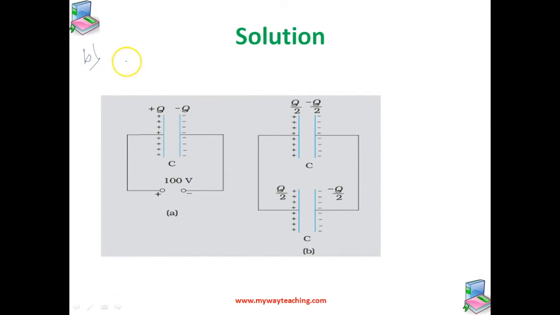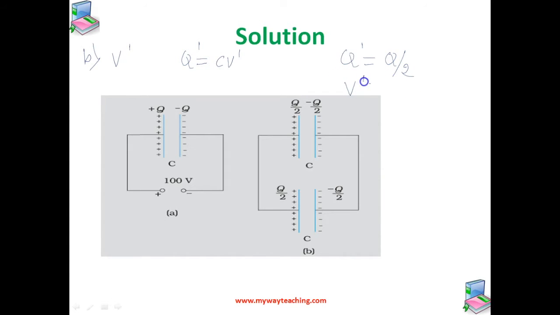Coming to the second part, in the steady situation, the two capacitors have their positive plates at the same potential and their negative plates at the same potential. So let the common potential difference be V dash. The charge on each capacitor is Q dash equal to CV dash. Here they have removed the battery and connected another capacitor. So by charge conservation, this Q dash, since it is divided between the two, is equal to Q by 2.